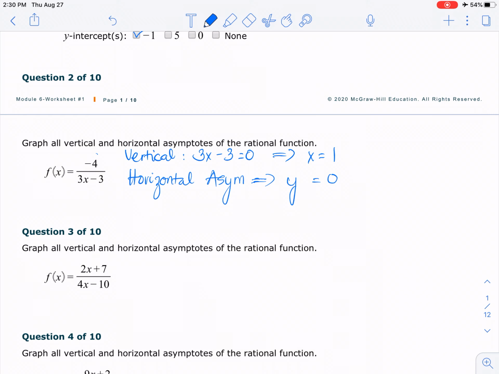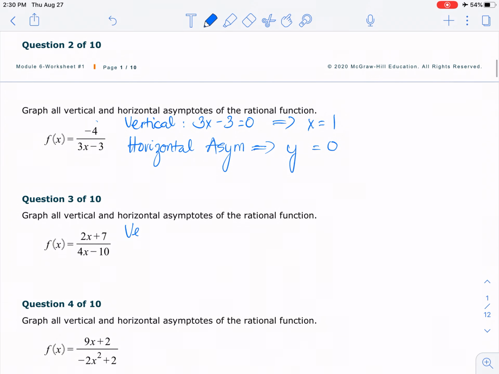Let's take a look at number 3. Like I said earlier, for vertical, you just take the denominator, set it equal to 0, and solve it. So in this case, it's going to be x equals 5/2.